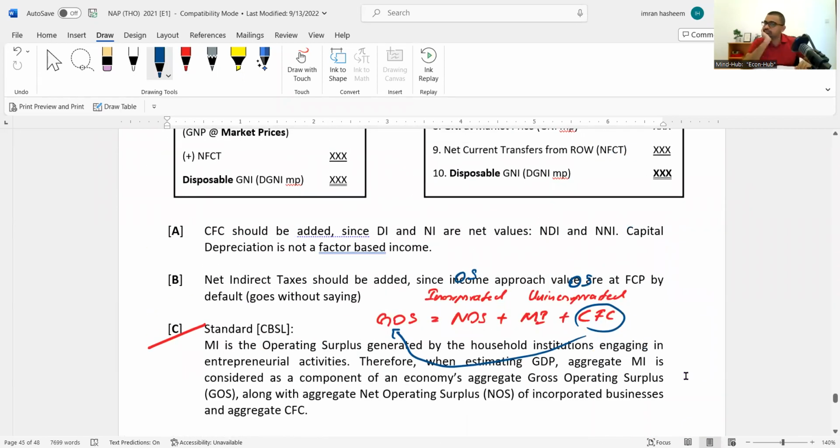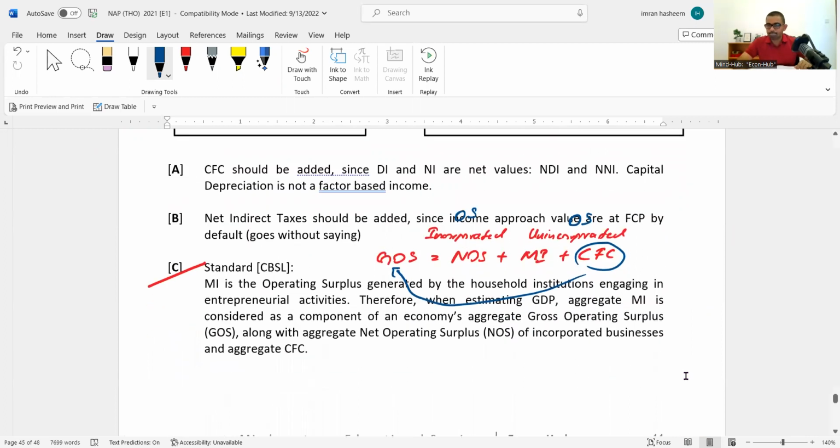This is today. Gross operating surplus equals NOS plus MI plus CFC. That is what I asked. It's all about attention. Attention gives you comprehension. Comprehension gives you memory. Pay attention. Okay?